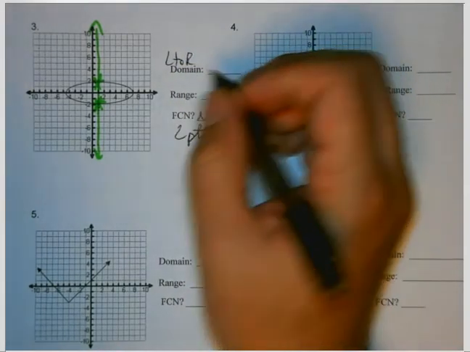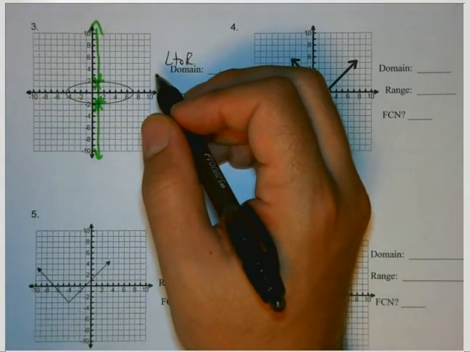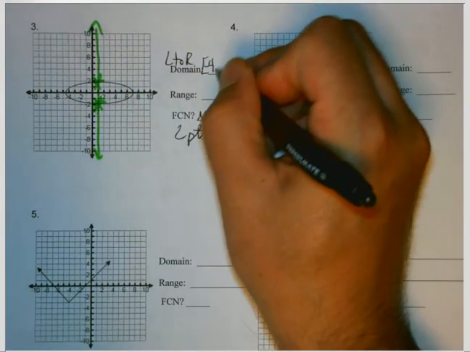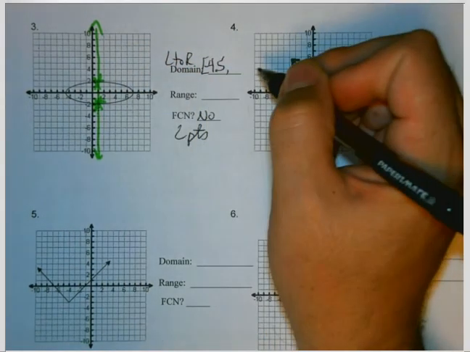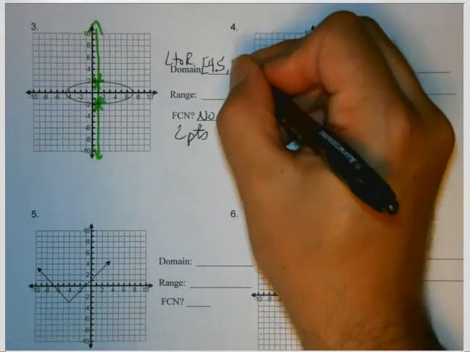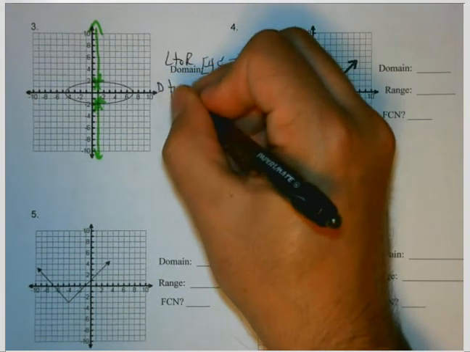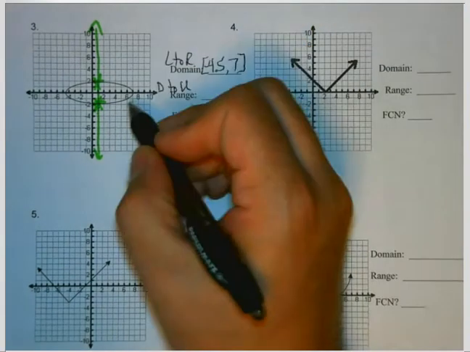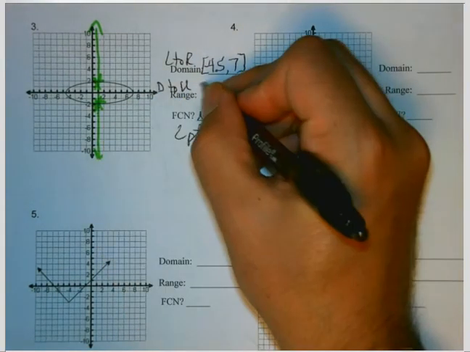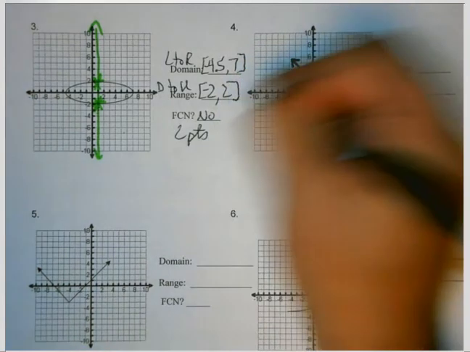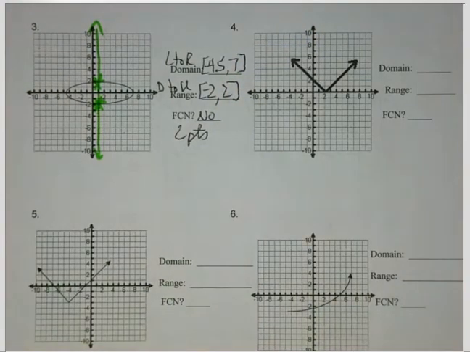For this point left, looks to be somewhere in the ballpark of maybe 4.5. Furthest point to the right looks to be about 7. And again, down to up for range. Lowest point looks right around -2. Highest point looks right around +2. And it works that way.